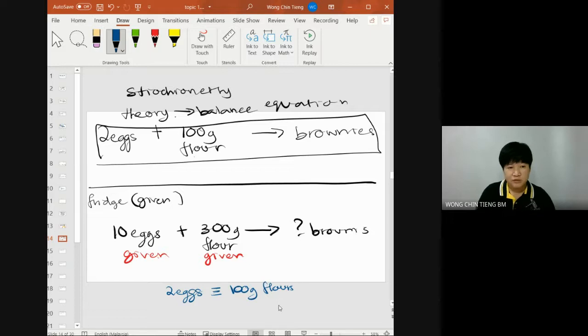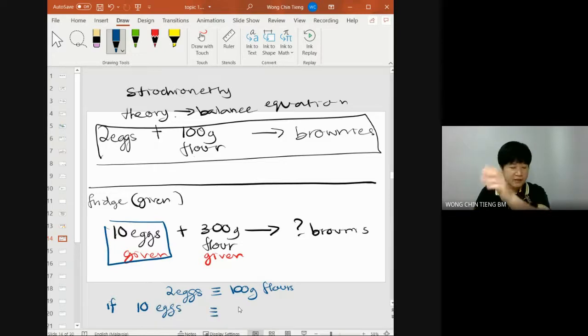Okay? Lepas tu kita pun set. Kita ambil mana-mana satu sebagai given, jangan ubah. And I love taking straight away from the left. Tak payah fikir. Siapa duduk kiri, ambil yang tu. So, saya ambil telur saya sebagai fix. So, if I have 10 eggs, okay? How many gram of flour do I need? Calculate.